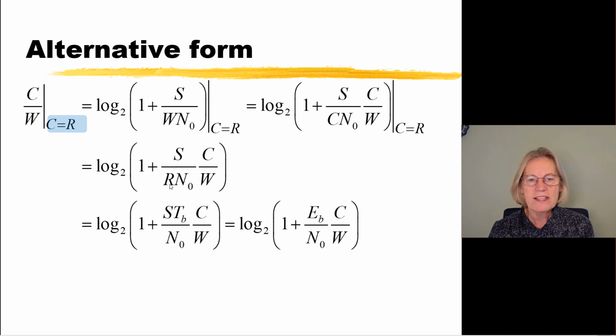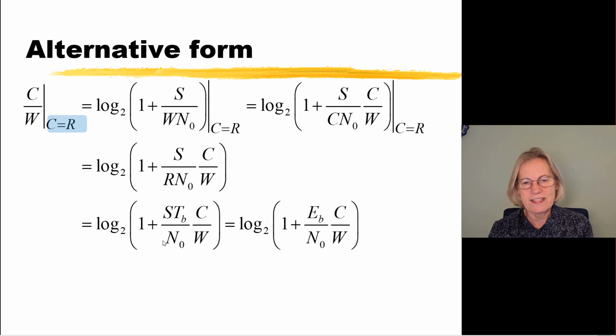So I have S divided by R times N0, C divided by W. And now I'm going to write my R in terms of 1 over the bit interval. R is the bit rate. It's 1 over the time of 1 bit. So T is the bit interval. So I have S times the bit interval, and then I have, of course, the C over W and the power spectral density N0.